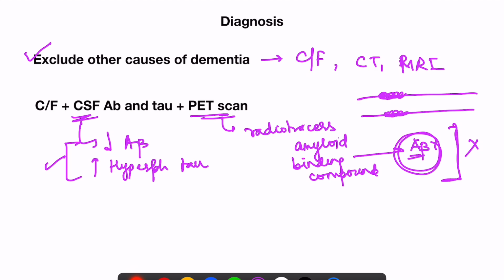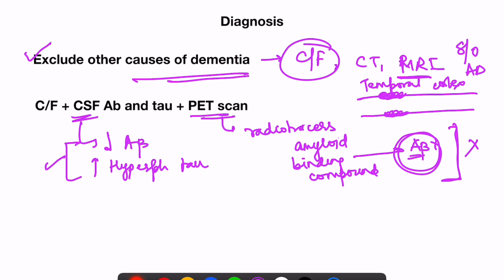In MRI, if it shows temporal cortex atrophy, then also it is suggestive of Alzheimer disease. Temporal cortex atrophy. Okay. So basically it is a disease of exclusion. We have to exclude other diseases, and nowadays with PET scan we can see amyloid deposits in the brain.